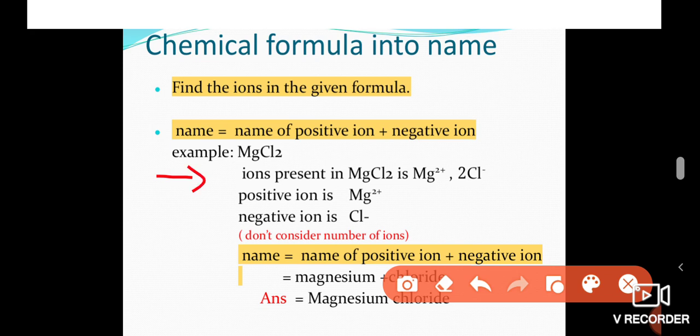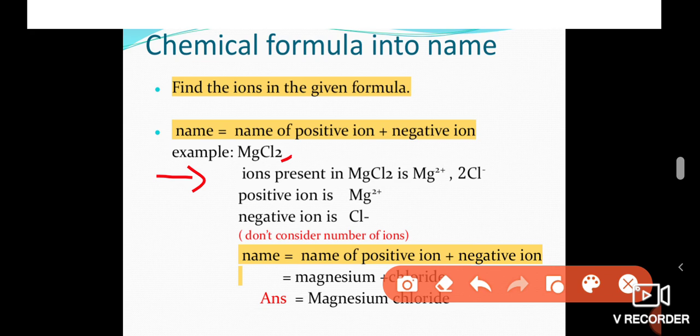MgCl2. Here Mg forms an ion. What kind of ion? Mg is a metal. It forms a positive ion. What is the valency of Mg? 2. So magnesium forms the Mg2+ ion. Chlorine. Here the subscript represents what? 2 chlorine atoms present.